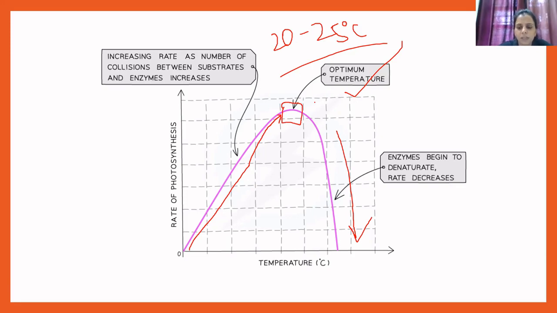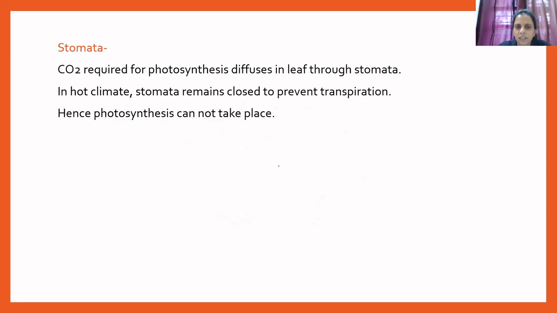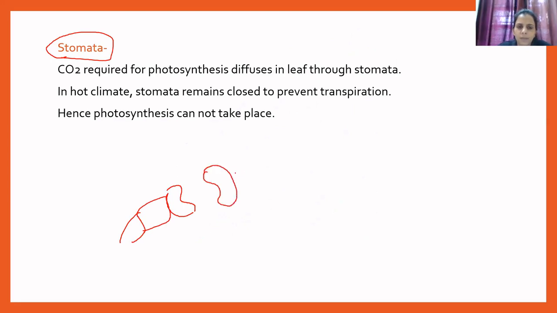One more way in which temperature can affect the process of photosynthesis is this: the lower epidermis of a leaf always has openings in it, which are called stomata. Okay, so for example, if this is the lower epidermis of the leaf, in between the cells of the lower epidermis, there is a small opening which is known as stomata.